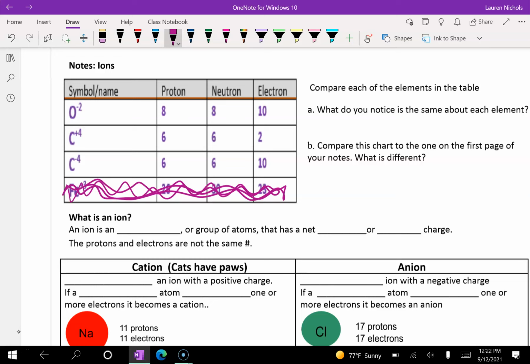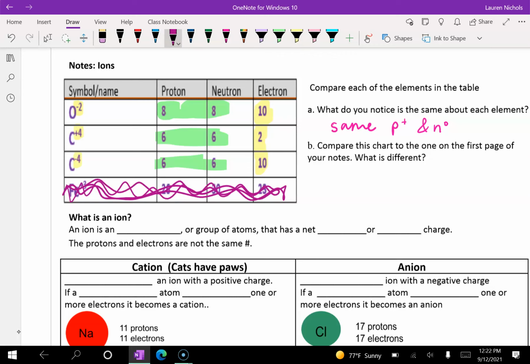But when we look at these, notice their protons and neutrons are the same across these. And when we compare it to the first part of our page, here our electrons are different from our protons, which we haven't really seen before, and we have our charges.